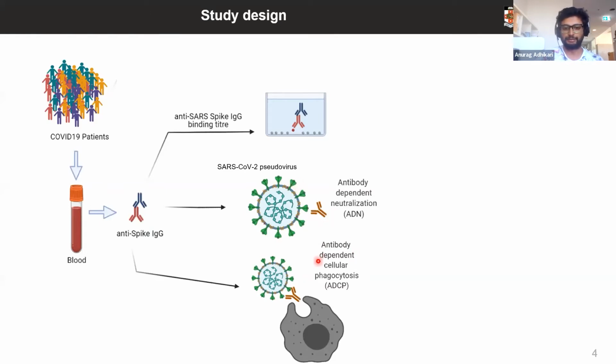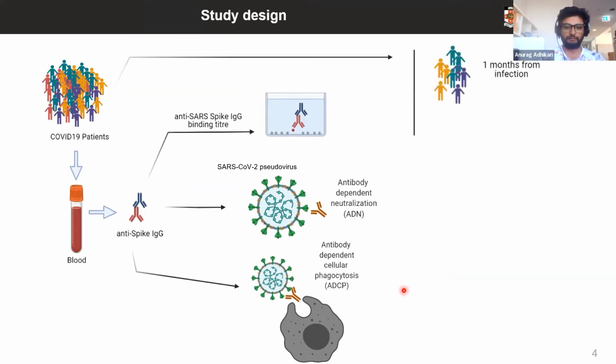And of course, there are other Fc effector functions, such as phagocytosis. In this one, you have a monocyte-based assay, which engulfs the immune complex, and we measure the output, how much phagocytosis is being done. For ease, I will refer to this antibody-dependent cellular phagocytosis as ADCP in the following slides.